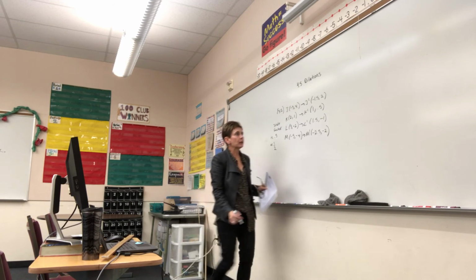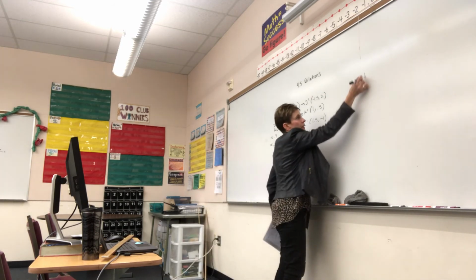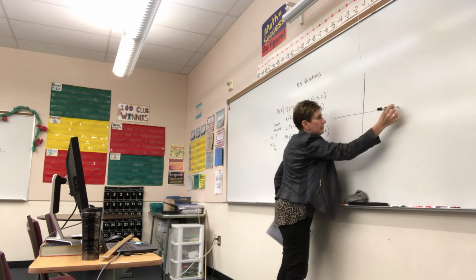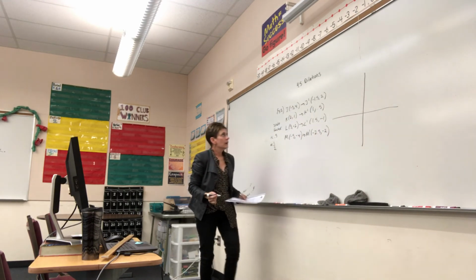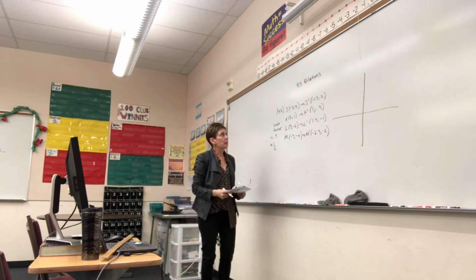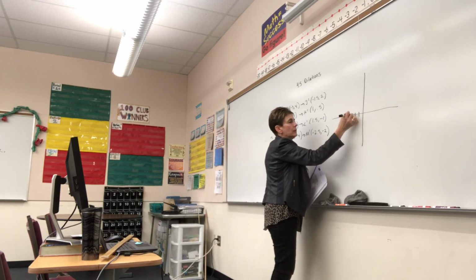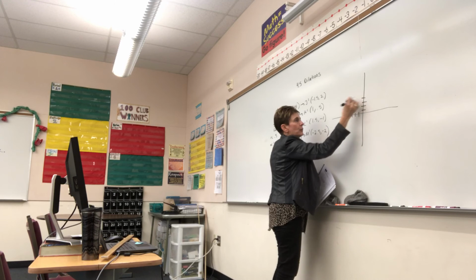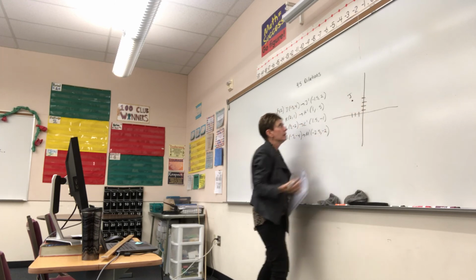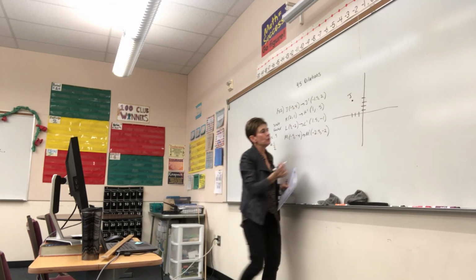Now let's go ahead and graph these 2 figures and see how they compare. So in my original pre-image, J was at negative 3, 4. So I'm going to go 3 to the left and 4 up and put a J. K was at 2, 1.